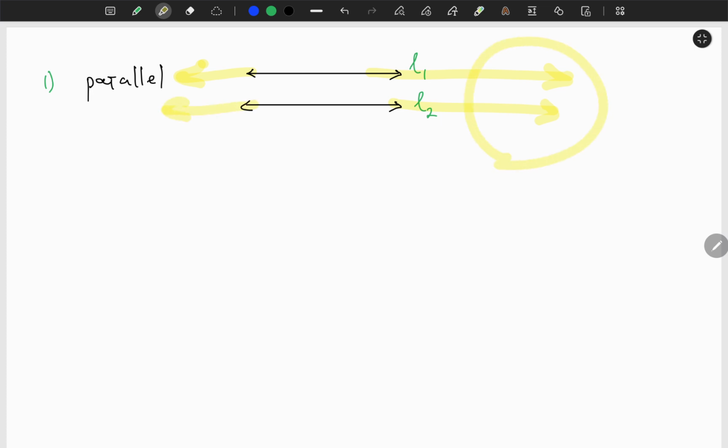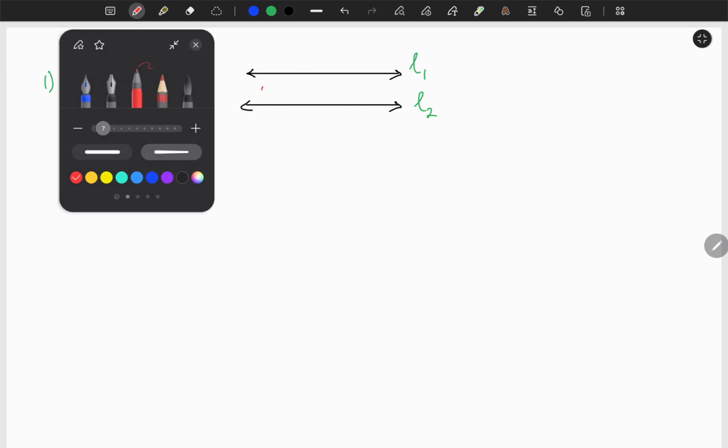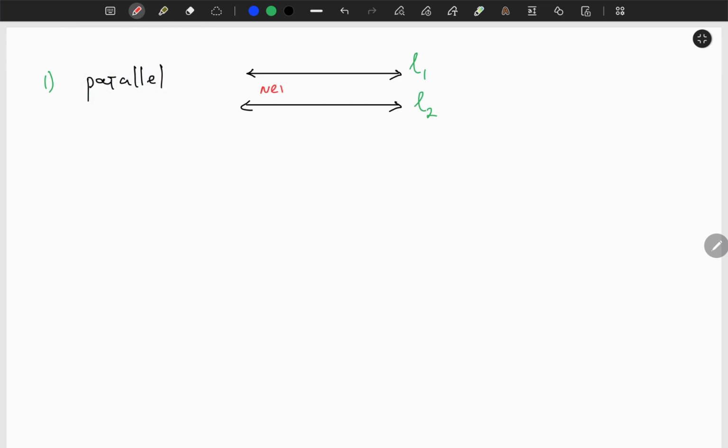They never intersect from the right or from the left, never. Then these two lines, we call them parallel lines. Never intersecting lines, never intersect. So these two lines never intersect.